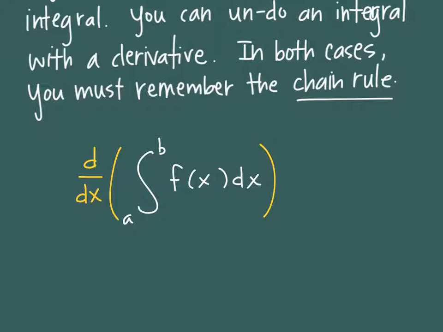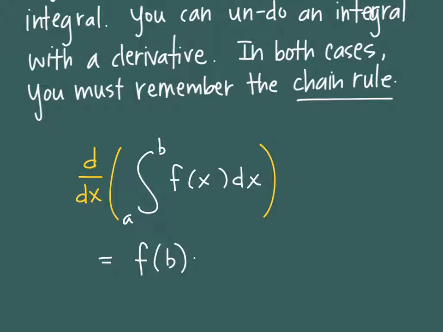And what will you be left with when you take the derivative of an integral? The answer is this. You will be left with just f, not capital F, because you've undone it. With which bound plugged in first? B. And then here's where the tricky part is.